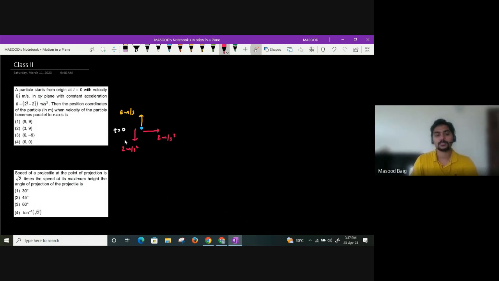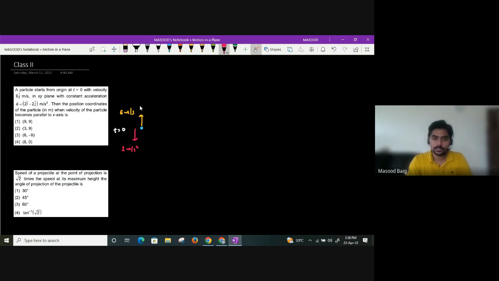So what will happen? Let us forget about x motion. X and y are independent of each other. Whatever happens in y direction will be independent of x. Whatever happens in x direction will be independent of y. So forget about this 2 meter per second square, guys. In y direction, you tell me what is happening. In y direction, velocity is upwards, acceleration is downwards. How will the object move?